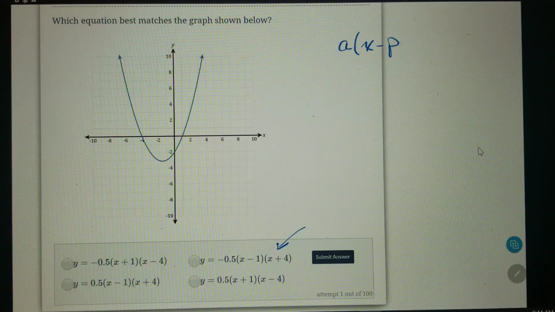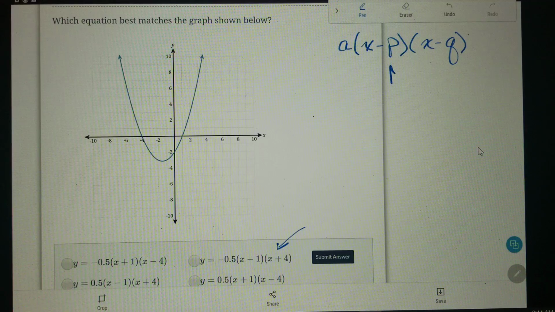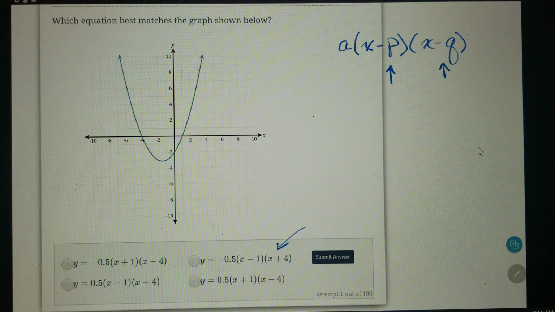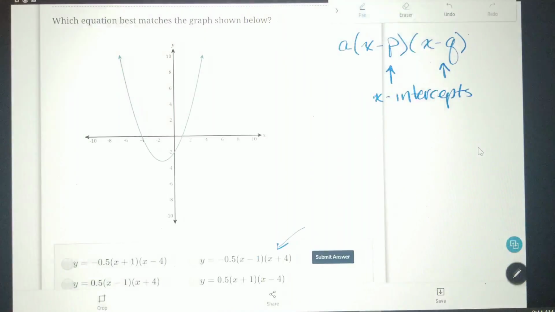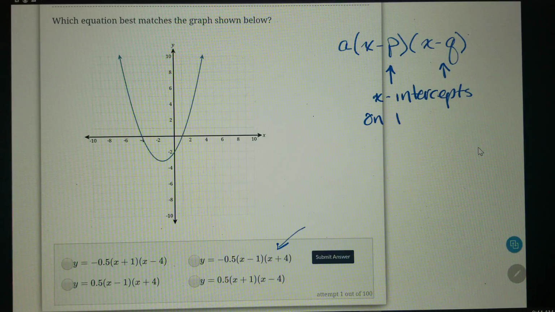X minus P times X minus Q, where P and Q, these two entries, are the x-intercepts on the graph.